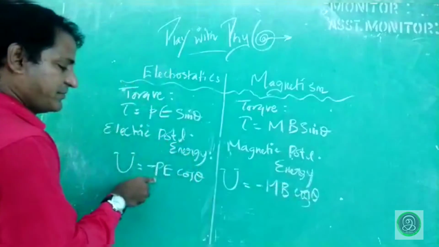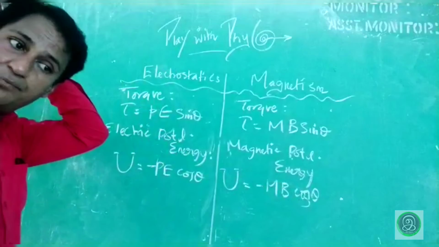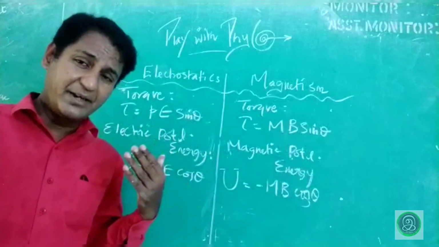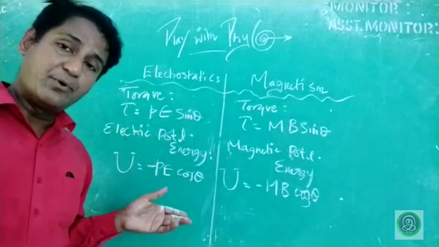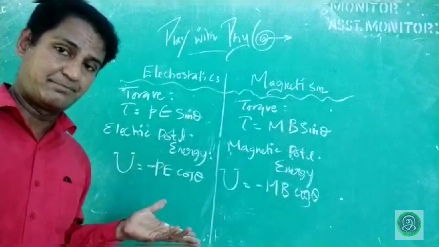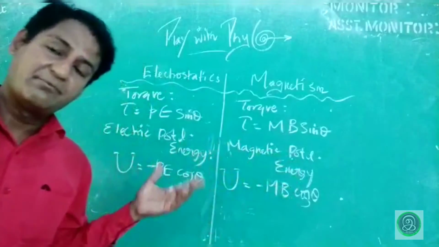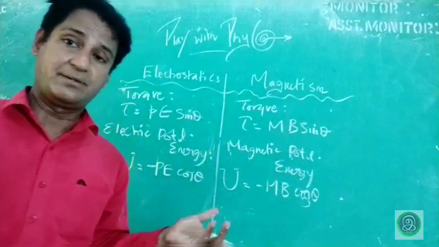So in place of small p, I am using capital M here. Now, see, electrostatic potential energy is nothing but the work done in rotating an electric dipole to any desired position. Likewise, magnetic potential energy is nothing but the work done in rotating a bar magnet to any desired position. Right.